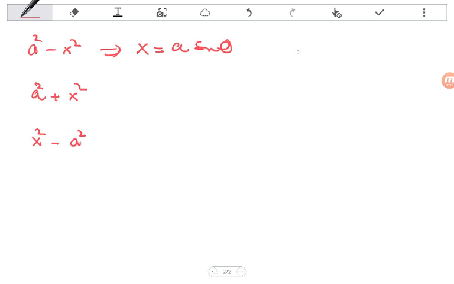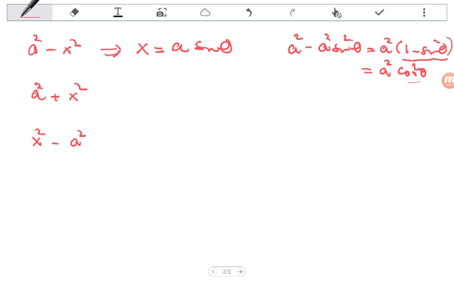Why? Because when I substitute, a squared minus a squared sine squared theta, I take a squared as a common factor. Then 1 minus sine squared becomes cosine squared. Instead of two terms, it is now only one term. So if it is inside a root, it will be simpler.